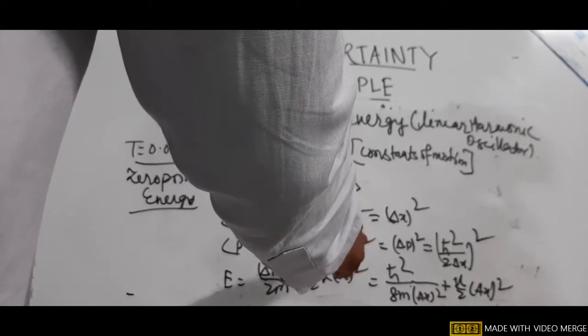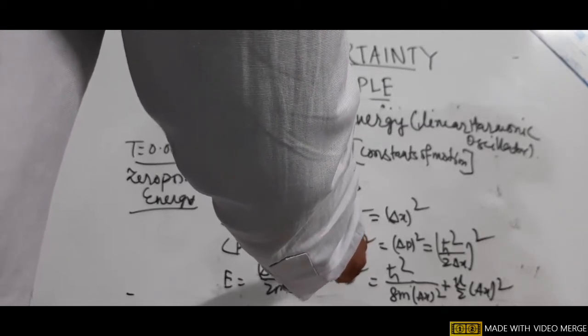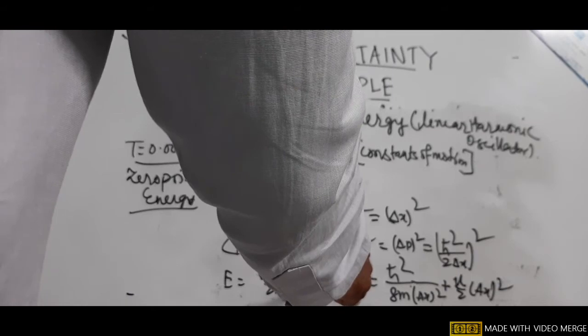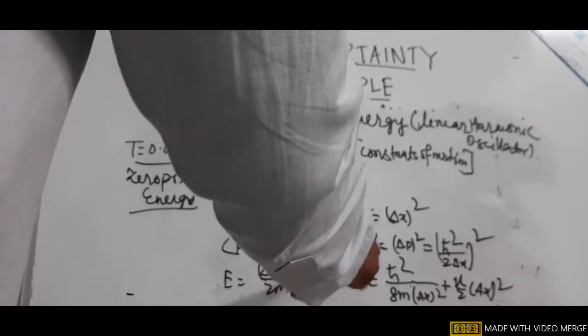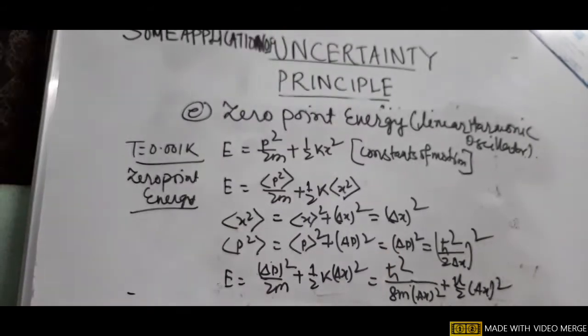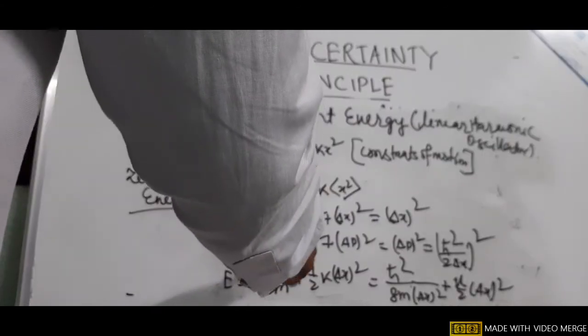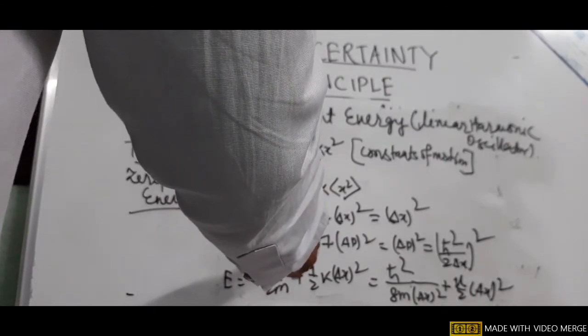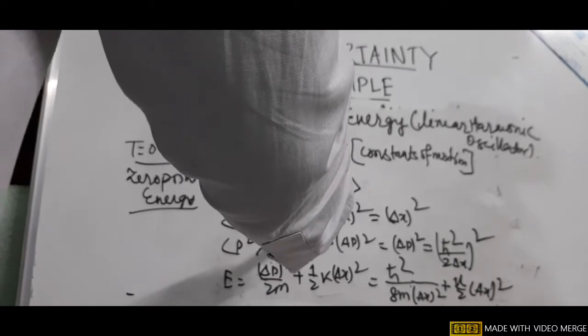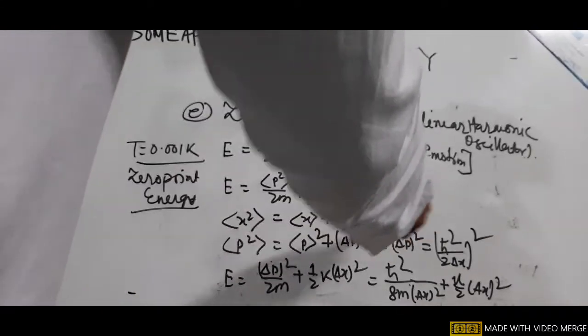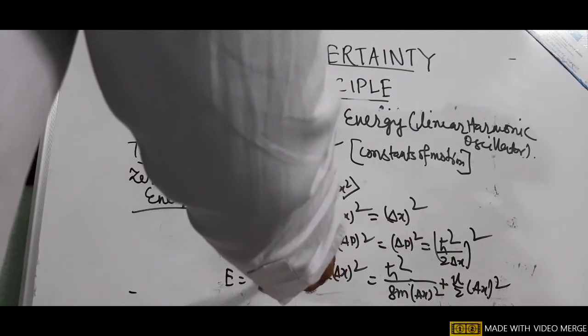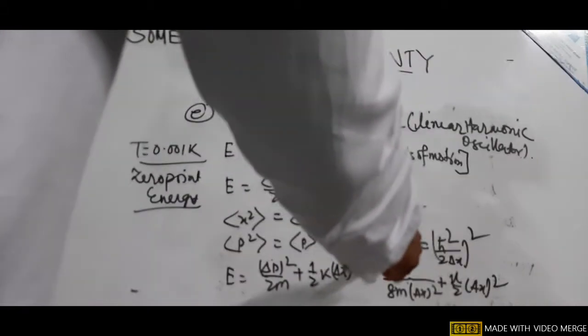This is the uncertainty, the root mean square of the position and of the momentum. As you know, the average value of the position of the oscillator is 0, so x squared average equals del x squared, and the average value of the momentum is also 0, so p squared average equals del p squared.